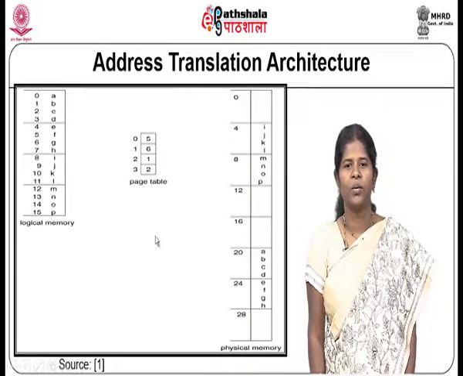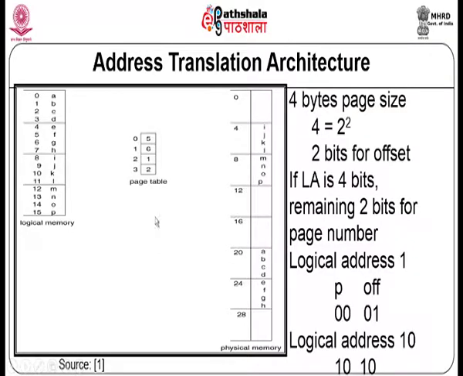Now, we will see how the mapping is done from the logical address to the physical address. As I told you, the size of each page here is 4 bytes, and this 4 is nothing but 2 power 2. Whatever the size of the page, you need to express it as a power of 2. To address 4 locations, we need 2 bits.